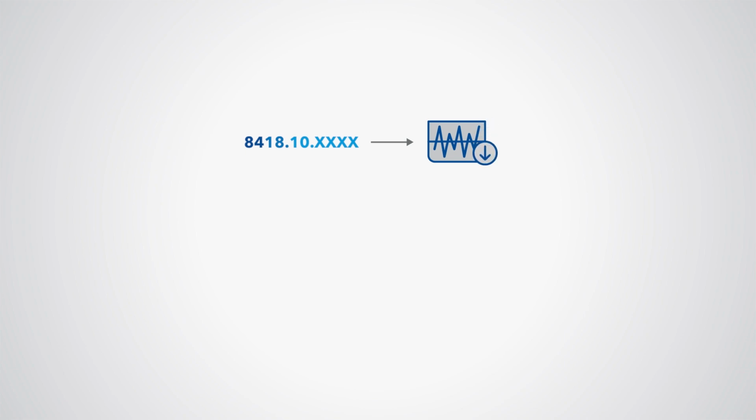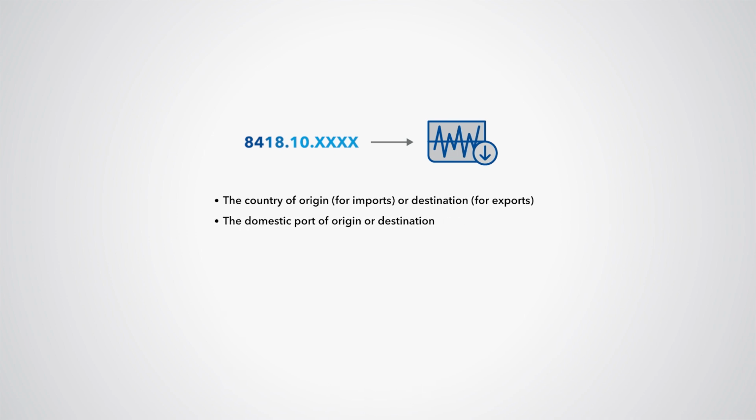Further separation or disaggregation of the unit values has been found to reduce the dispersion and volatility of UVIs of some classifications. These additional characteristics may include, for example, the country of origin for imports or destination for exports, the domestic port of origin or destination.